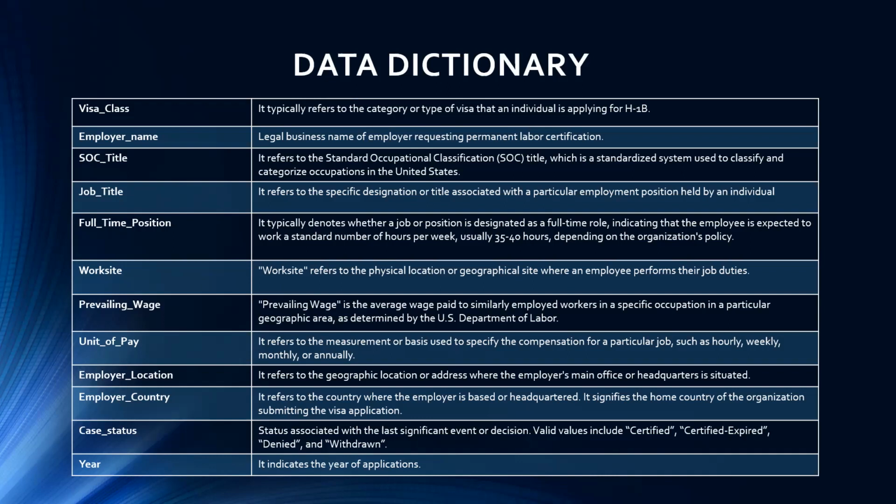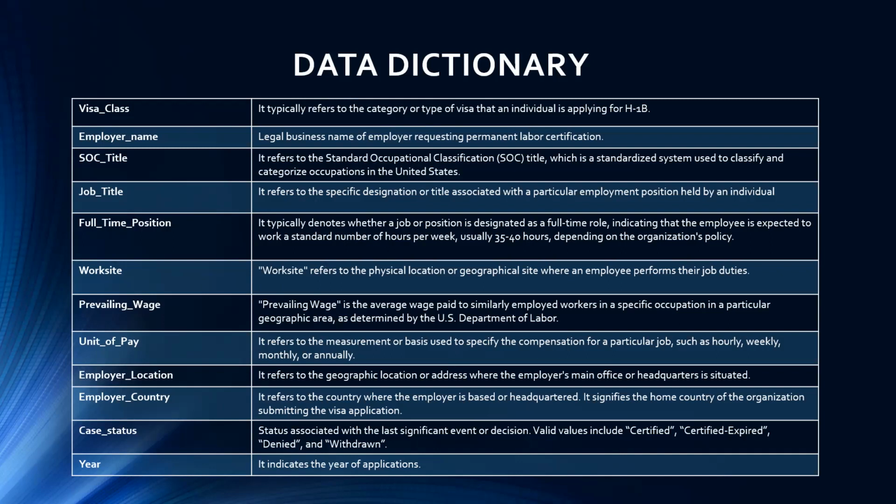It tells the legal business name of who is requesting the permanent labor certification. SOC title refers to the standard occupational classification title, which is standardized and used for classifying and categorizing occupations in the United States.